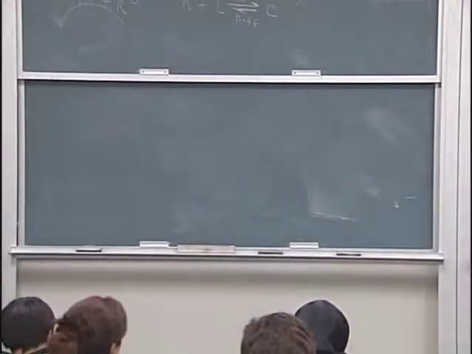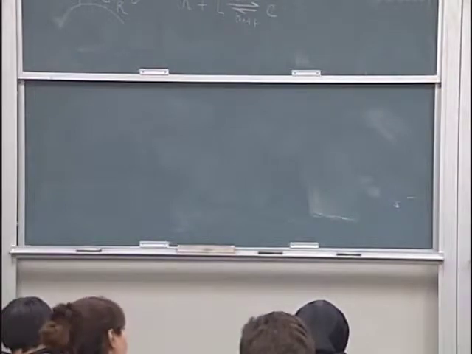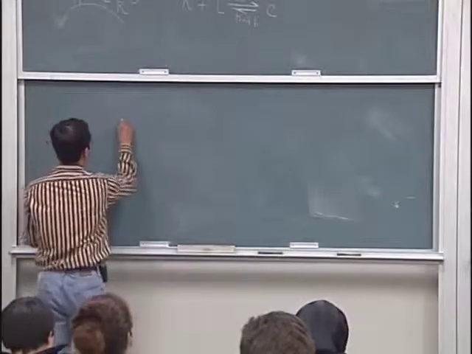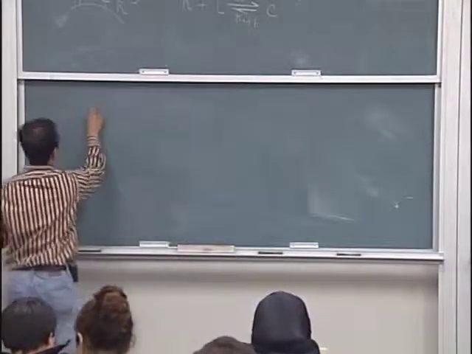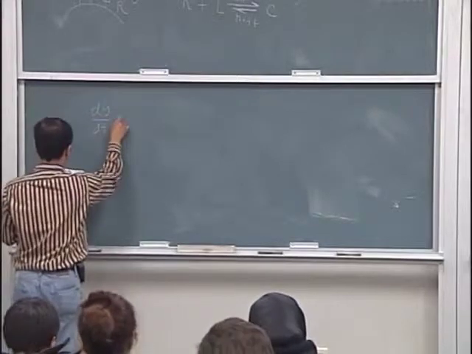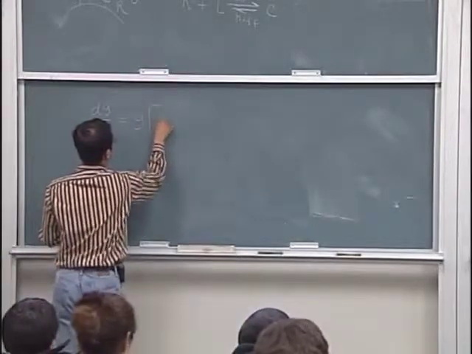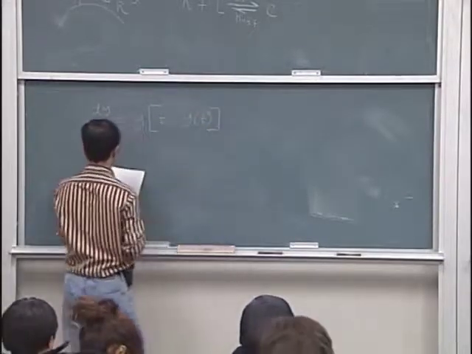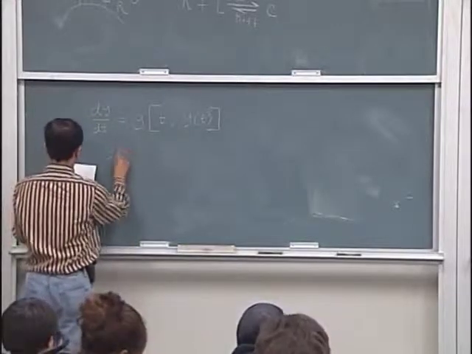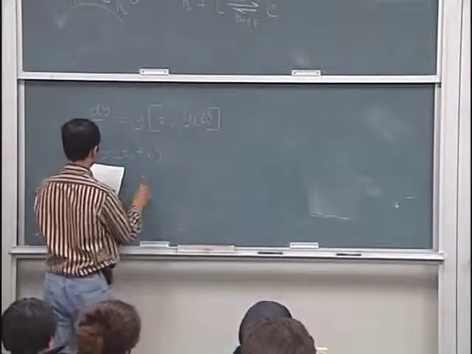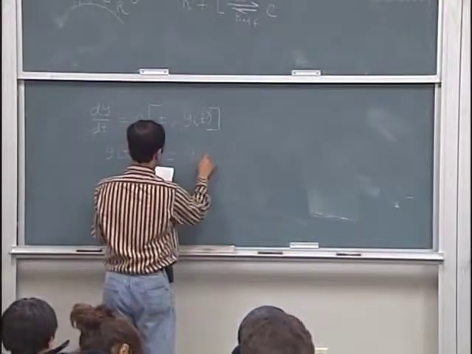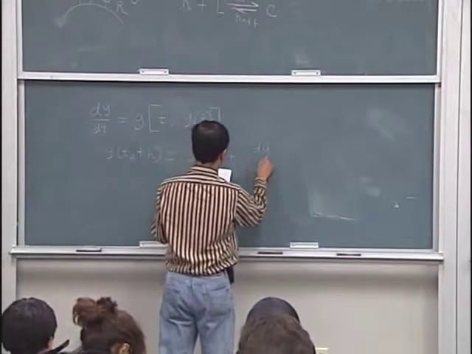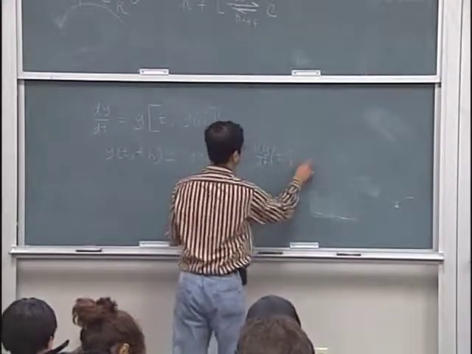let me take the notation from the note, so it will be easier for you. You do y1, suppose your equation is dy/dt equals g(t, y(t)), and you want to expand y(t0 plus h) as y(t0) plus dy/dt at t0 times h.